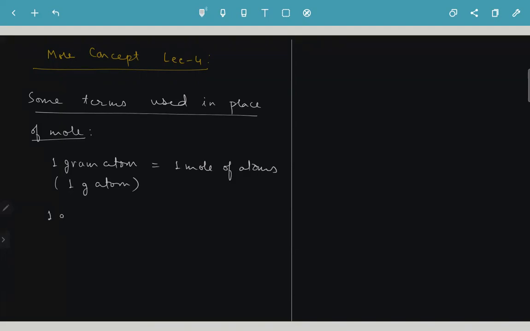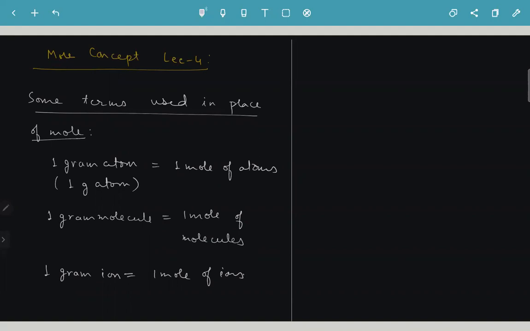Similarly, 1 gram molecule refers to 1 mole of molecules. 1 gram ion is equal to 1 mole of ions.